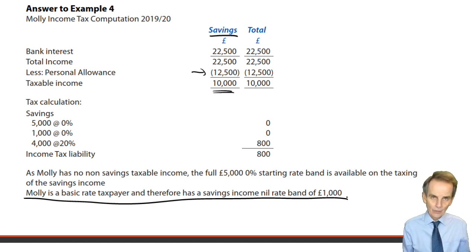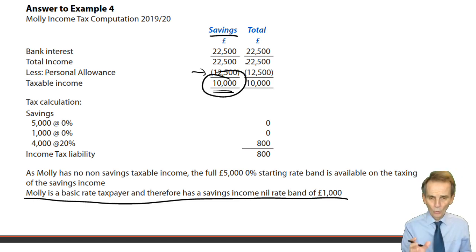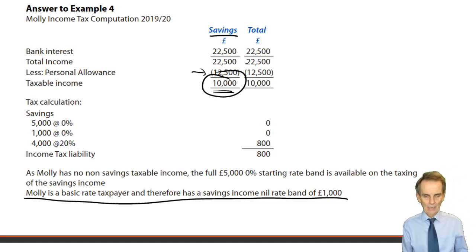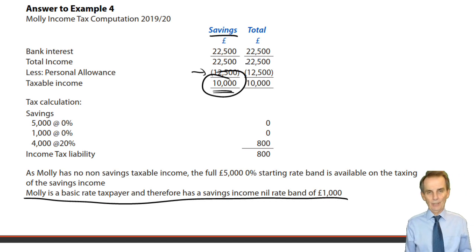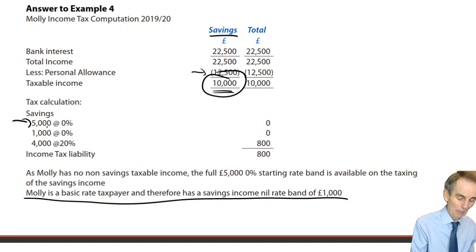All of the first 5,000 of taxable income, there is 10,000 in total. All of the first 5,000, indeed all of the 10,000, is savings income. No part of that first £5,000 of taxable income is non-savings income. So we have got, and it applies first.